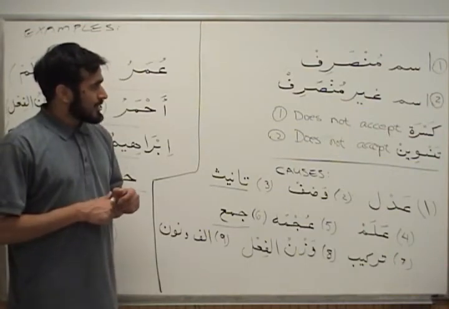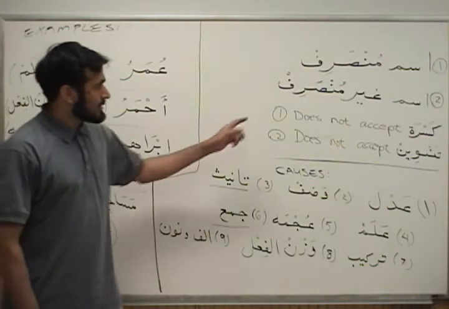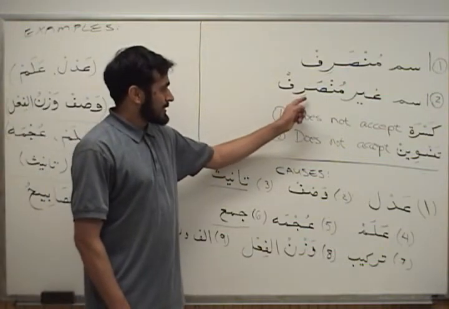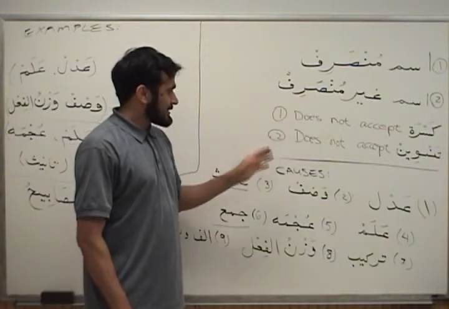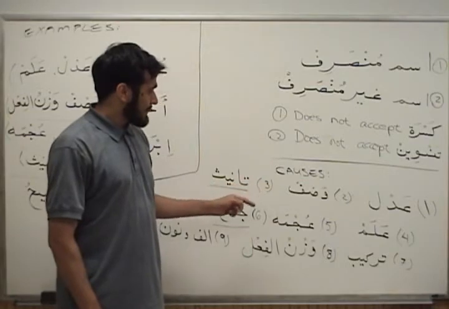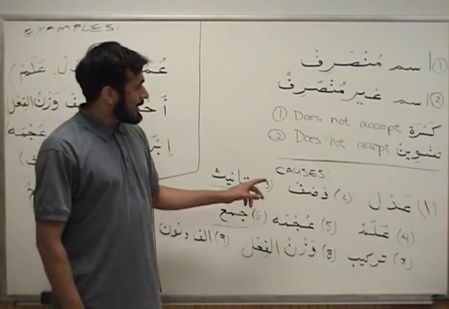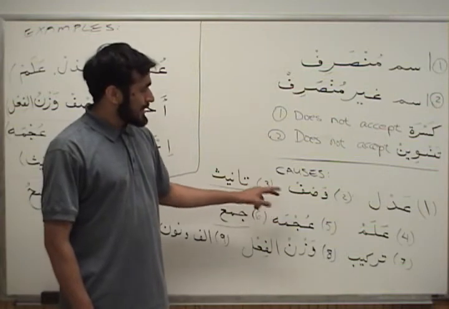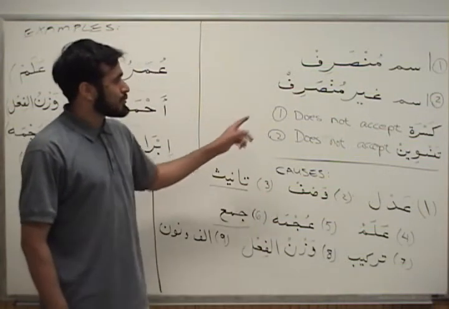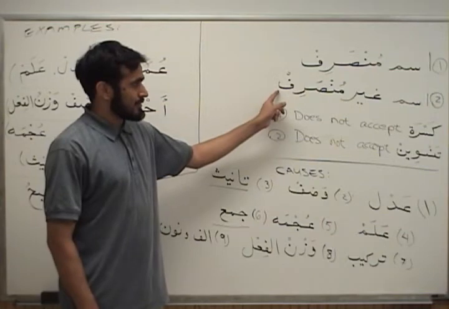And for these isms to be considered ghayr munsarif, there are certain attributes they must have. These are 9 of the attributes that are written here, and if any 2 of them are present in an ism, that ism will be considered ism ghayr munsarif.